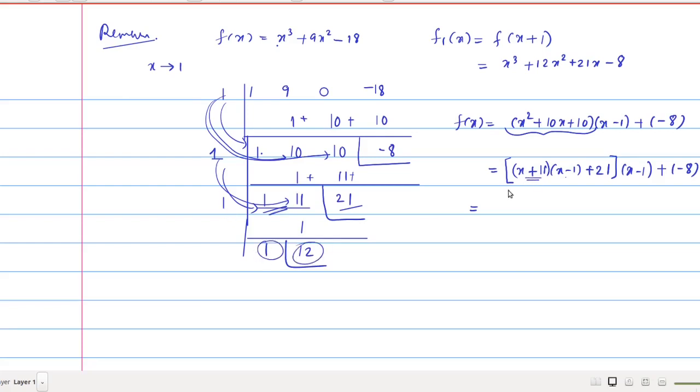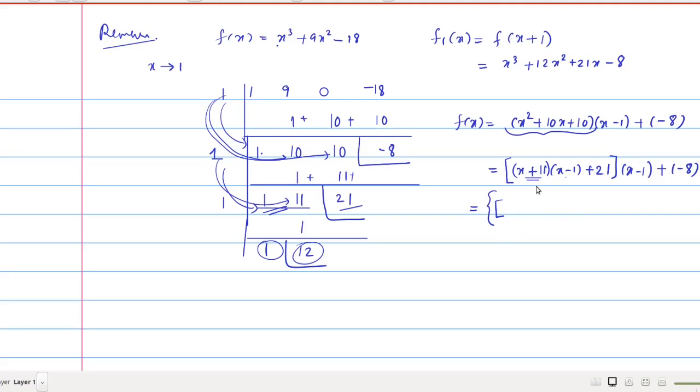So we replace this x plus 11, first we write x plus 11 into 1, okay, plus 12, x plus 11 into 1.